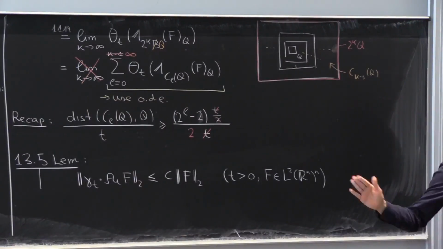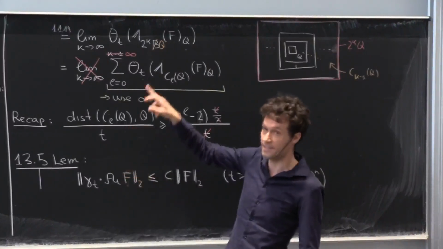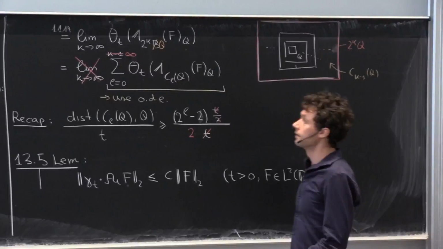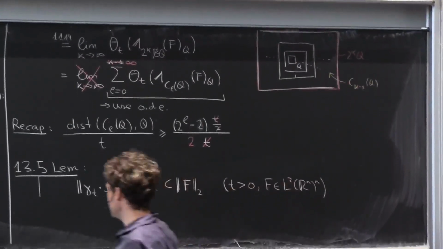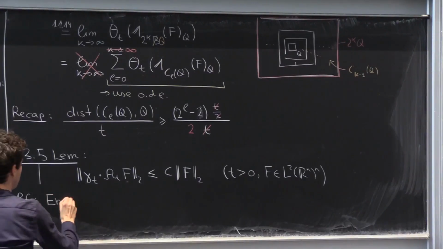It doesn't say anything about whether they approximate in any reasonable sense the operator theta t, but at least it's a uniform bound. And so I want to control these operators. Yeah, so how do I do that? I claim that it is enough to work cube by cube.